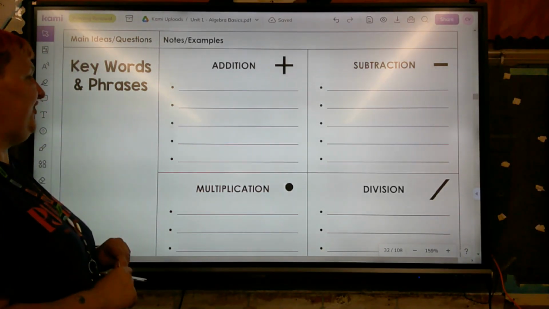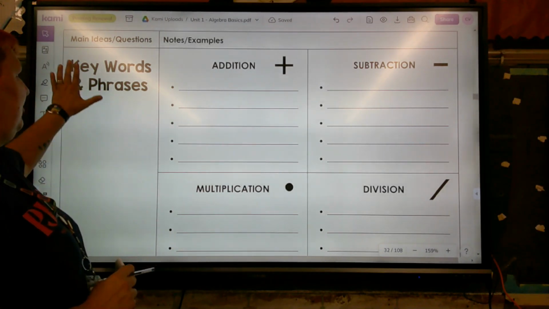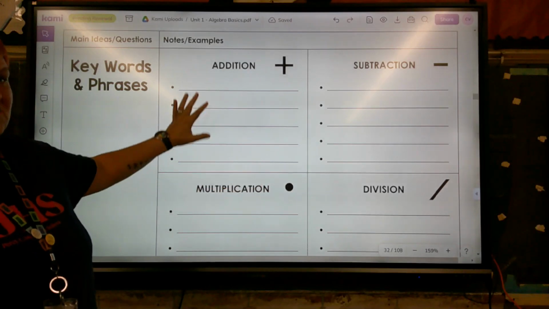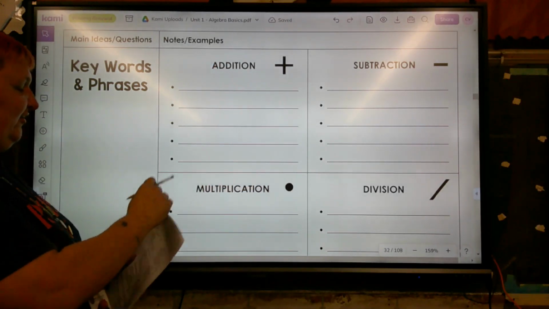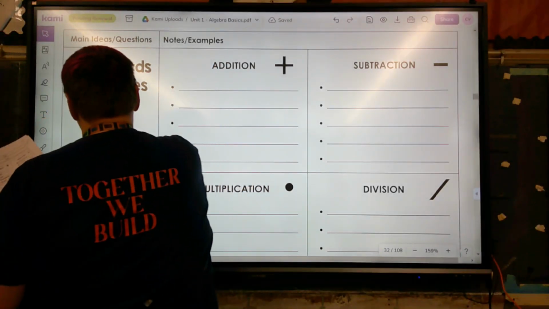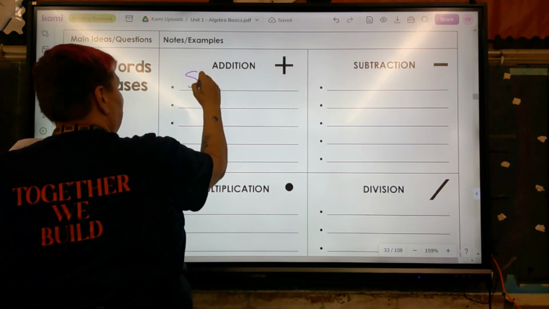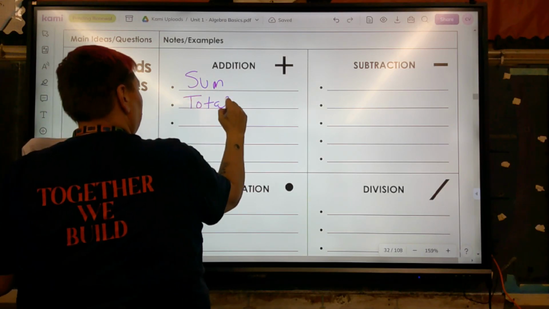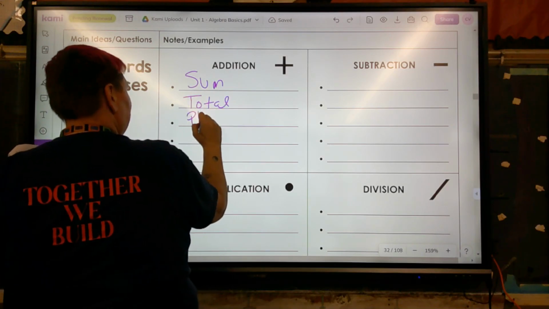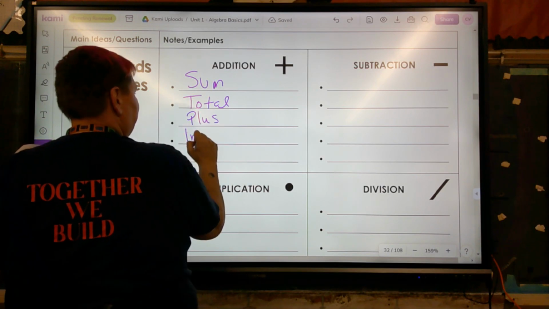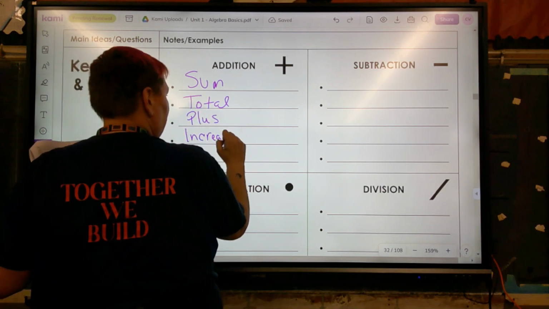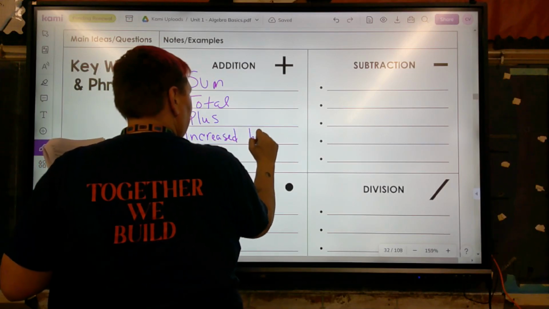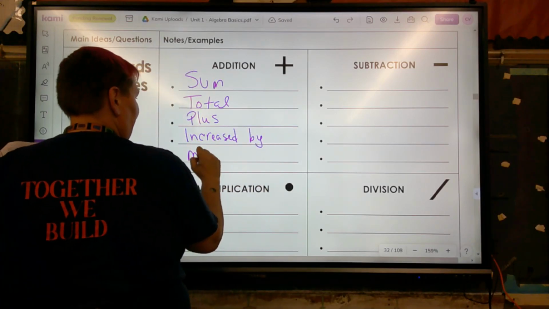Alright, so a few things that might help you are the keywords and phrases that go with each of the four operations. With addition, you might see words like sum, total, plus, increased by, and more than.